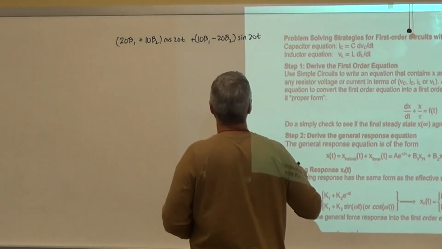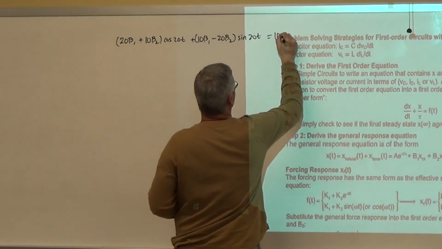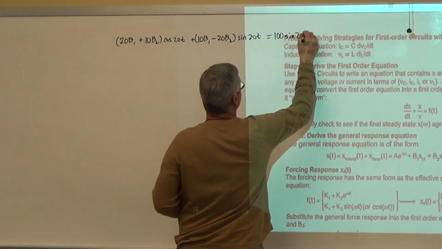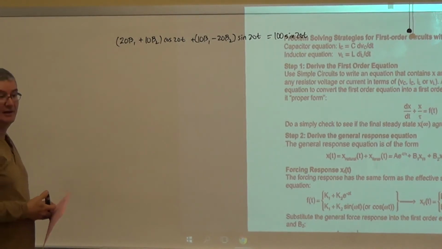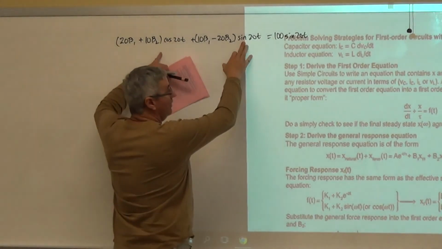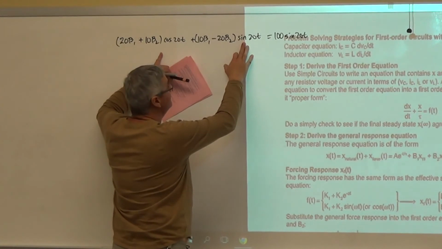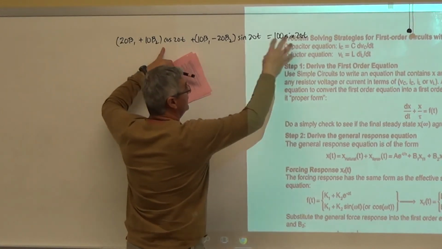Okay, and that has to equal 100 sine of 20t. So if you look at this term right here, if these guys are orthogonal, the only way these can be true is if this side equals that side.